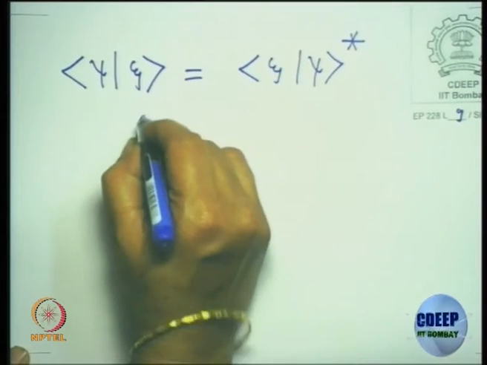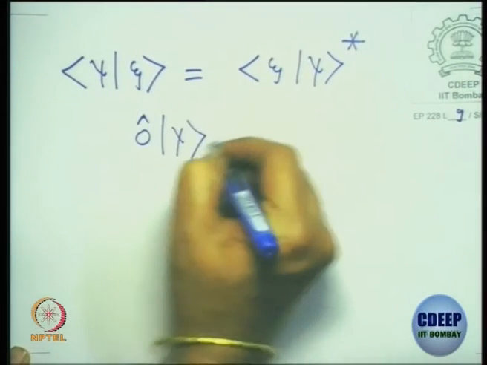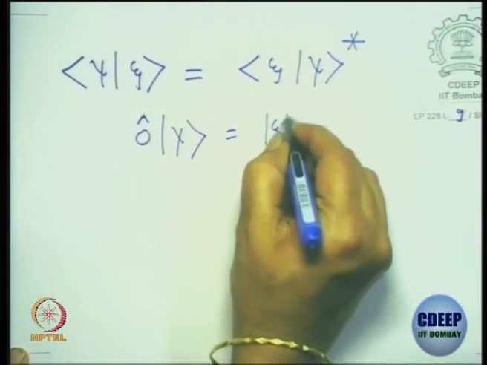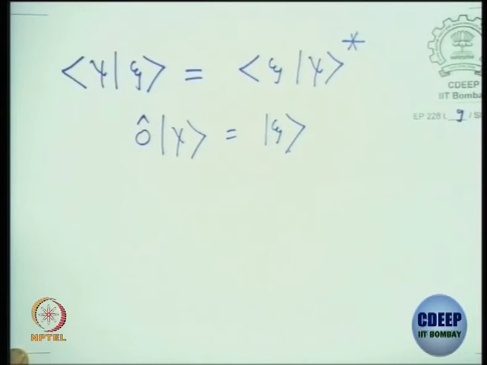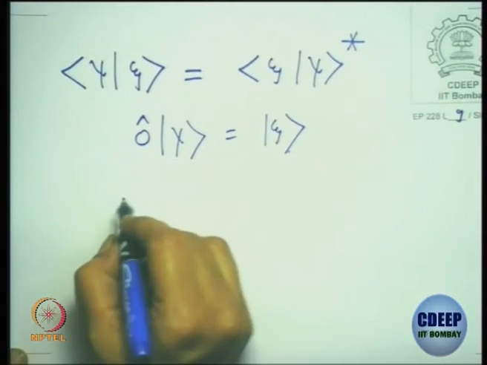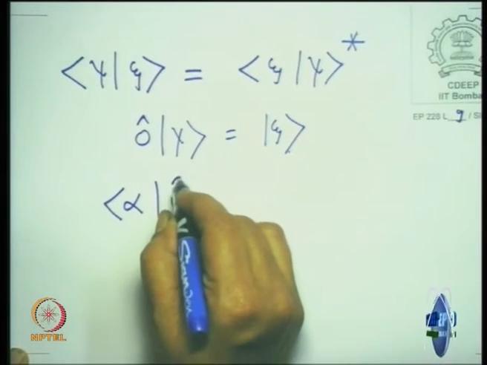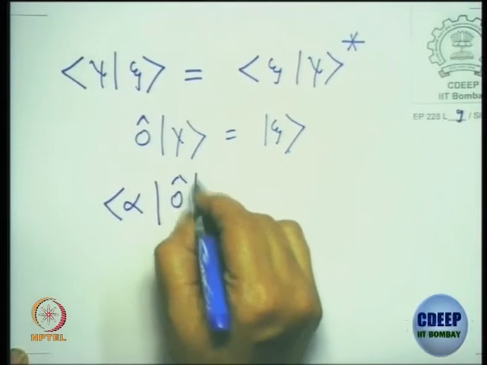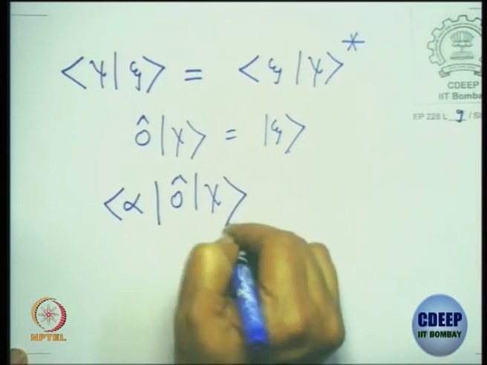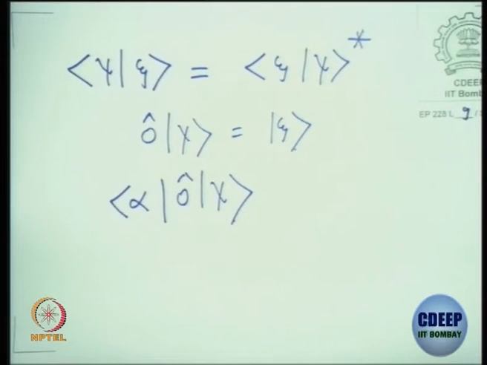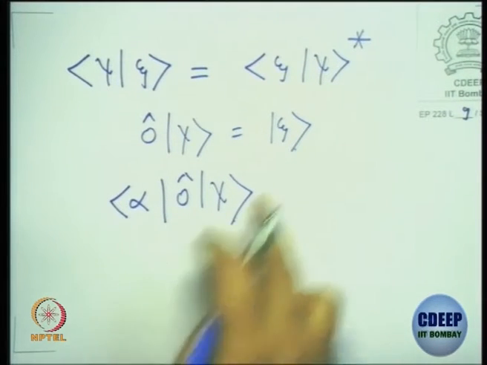If you have an O operator on chi giving me xi, then I can try to write an alpha with O operator on chi, that's xi.